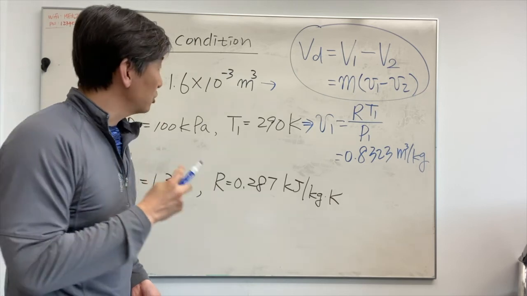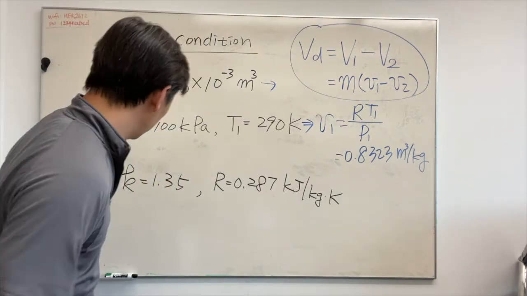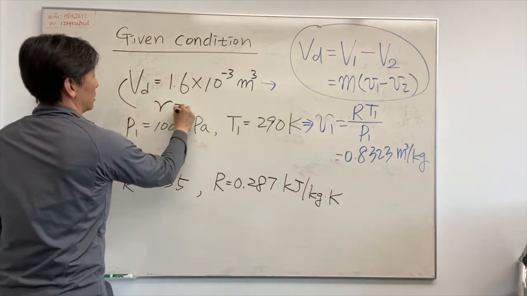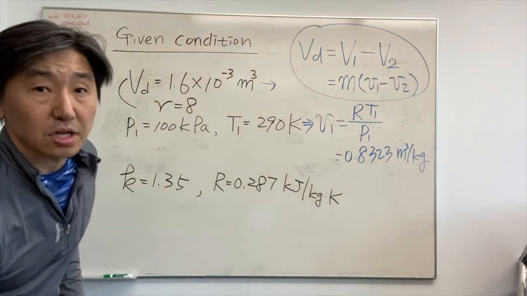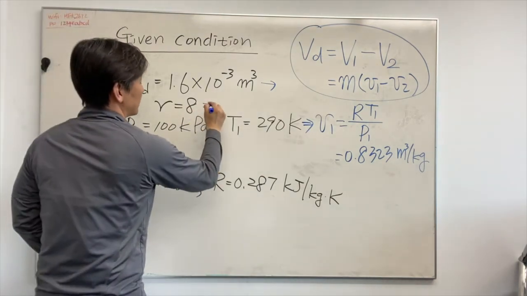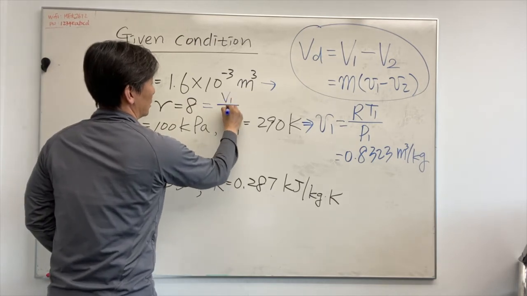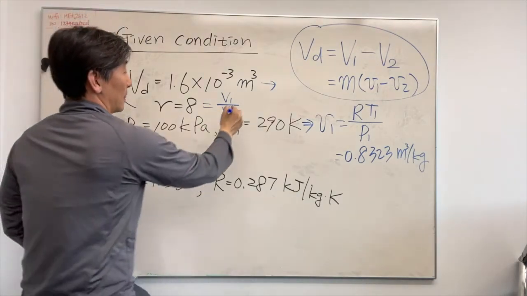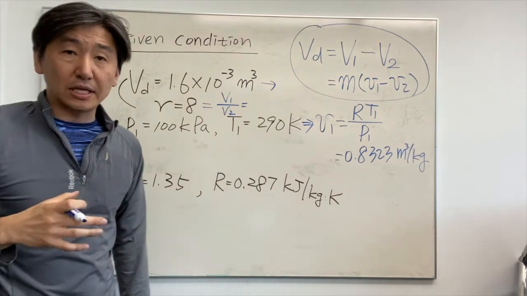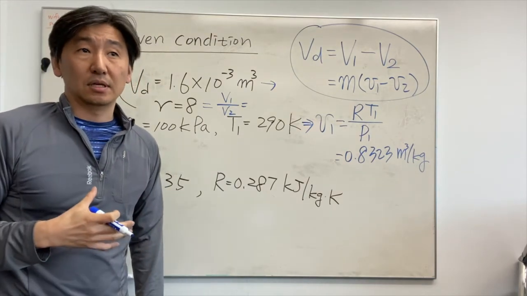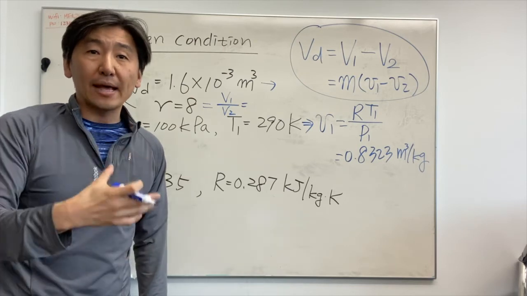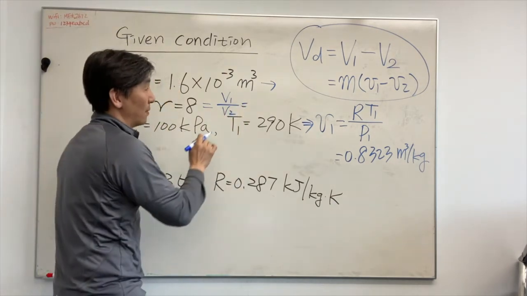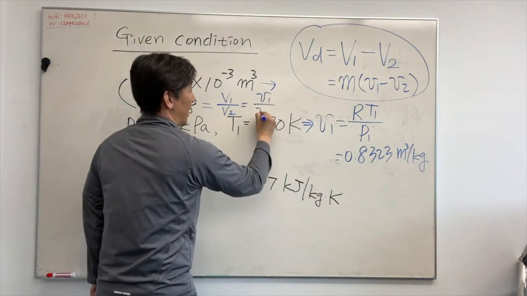I actually forgot to write another given condition, which is that your compression ratio r is 8. This compression ratio is defined as V1 over V2, the ratio of maximum volume to the minimum volume. As far as we talk about the ideal Otto cycle, that is a closed system, so mass should be conserved by itself. So this compression ratio can also be written in terms of the ratio of specific volumes.